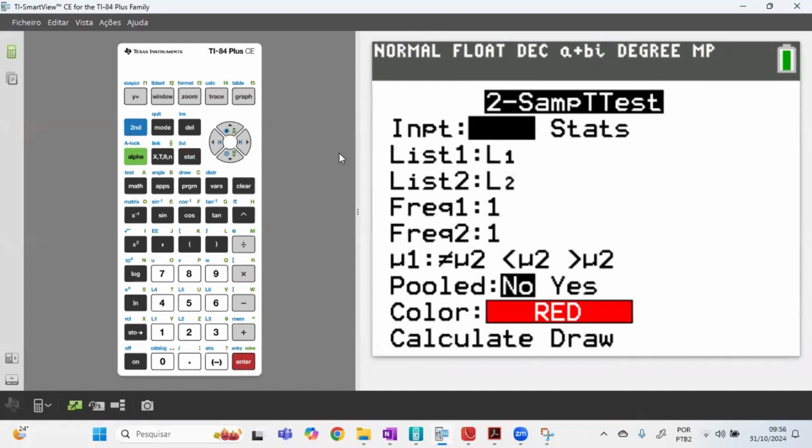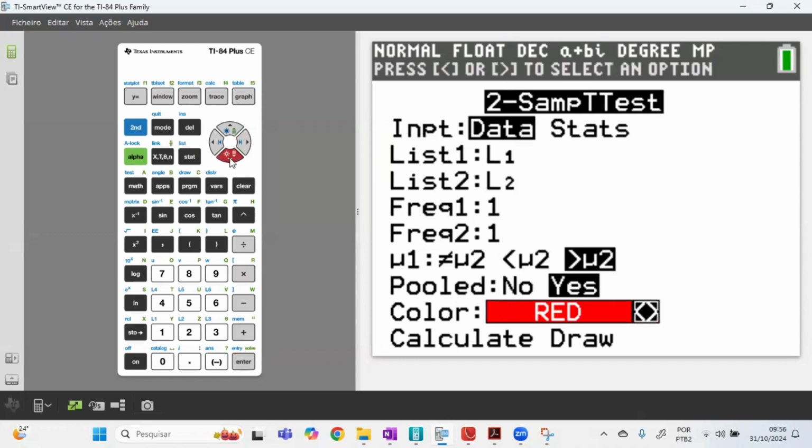We're going to use data because our information is stored in lists L1 and L2. The alternative hypothesis is that the first mean is greater than the second. It's very important that pooled always needs to be selected as yes. It's mandatory that it is yes in the IB exams, okay?